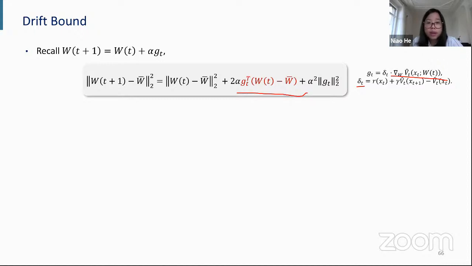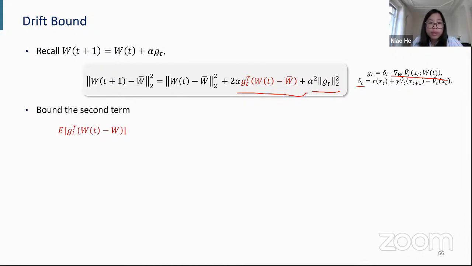And then you have the square term of your semi-gradient, which can often be controlled. This is bounded by some constant, so it is of order alpha squared. If you choose alpha small enough, then you will be able to control this term to be very small. So the important term is, of course, this cross term here.